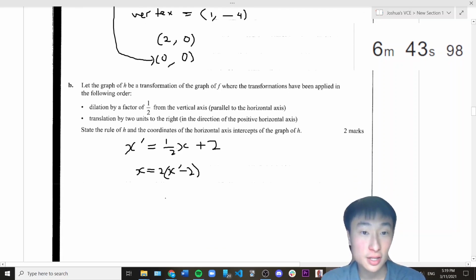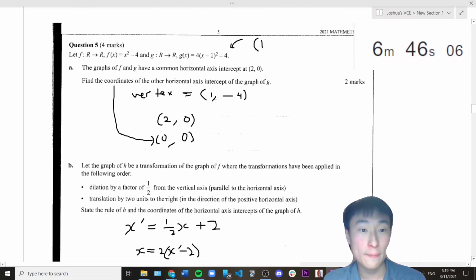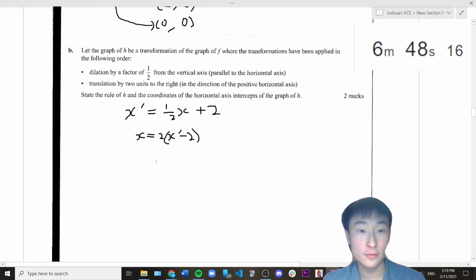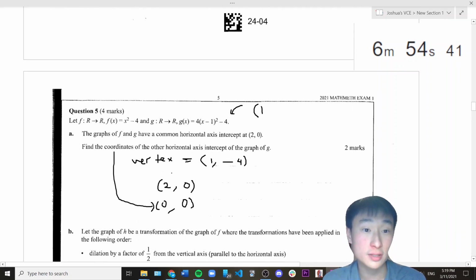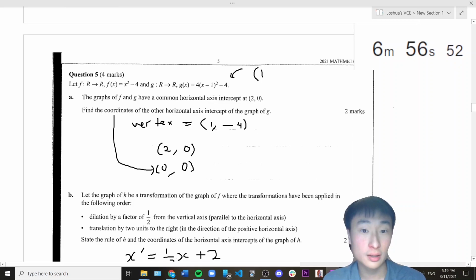Yep. And then I sub that back into f of x. So h of x is equal to, I sub this into f of x, yeah, it's f of x.